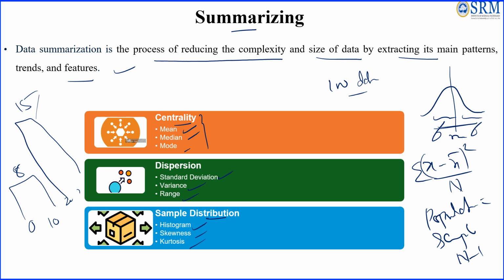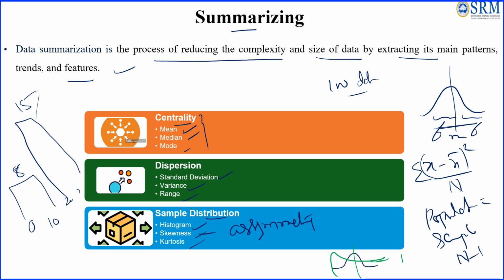And skewness and kurtosis. Skewness measures the asymmetry of the distribution. For example, if this is the distribution, and suppose this is the mean value, and your distribution is like this, here it is skewed. So you have to check the tail value.